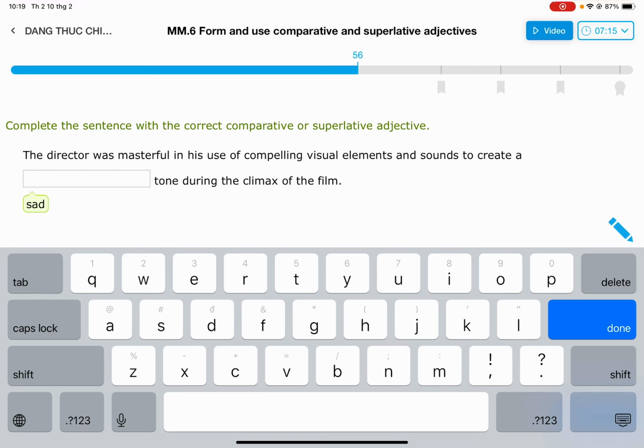Create a sad tone. The director was masterful in his use of compelling visual elements and sound to create a sad tone during the climax of the film. Sadder.